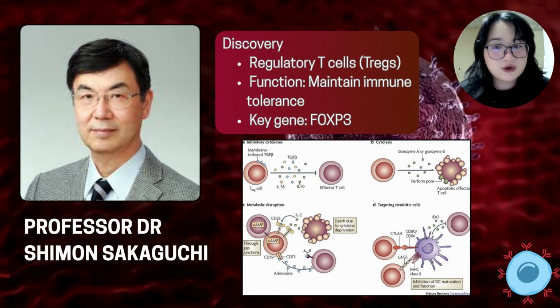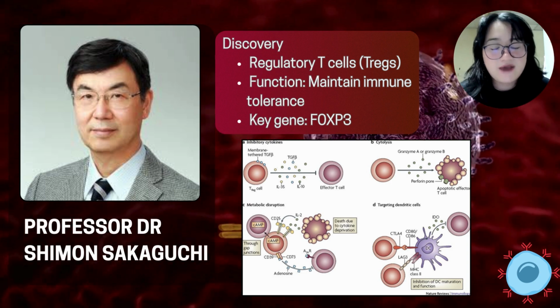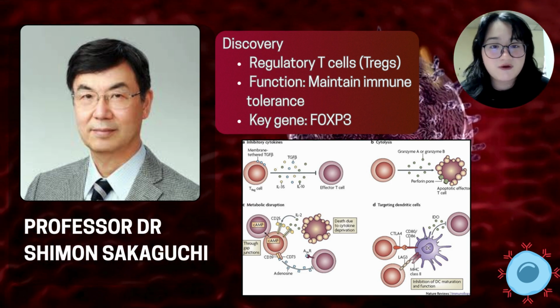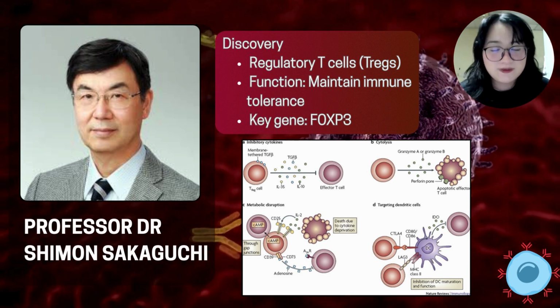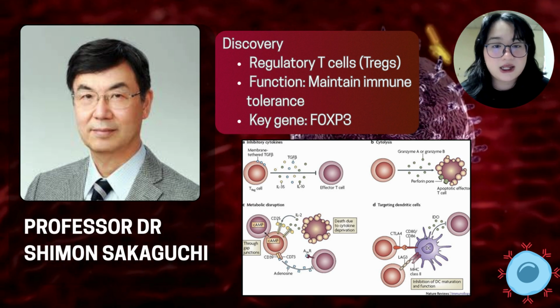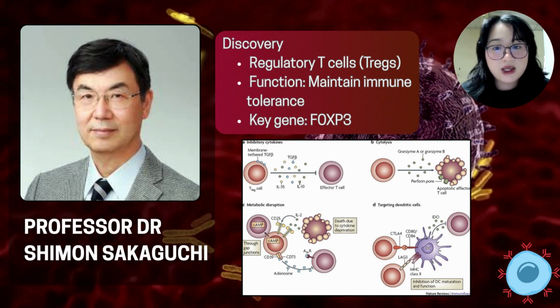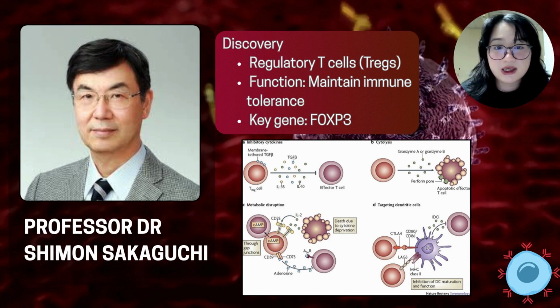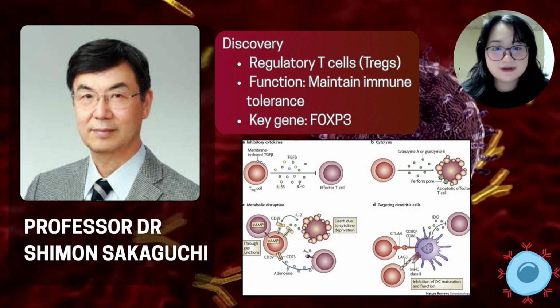His research also identified the FOXP3 gene, which is essential for Treg development and function. This discovery transformed our understanding of the immune system by showing that immune regulation is just as important as immune response.